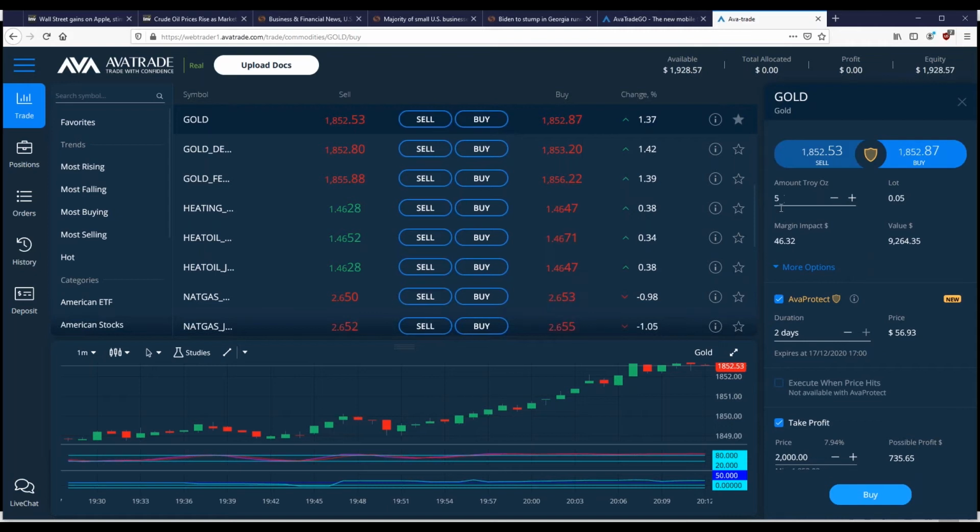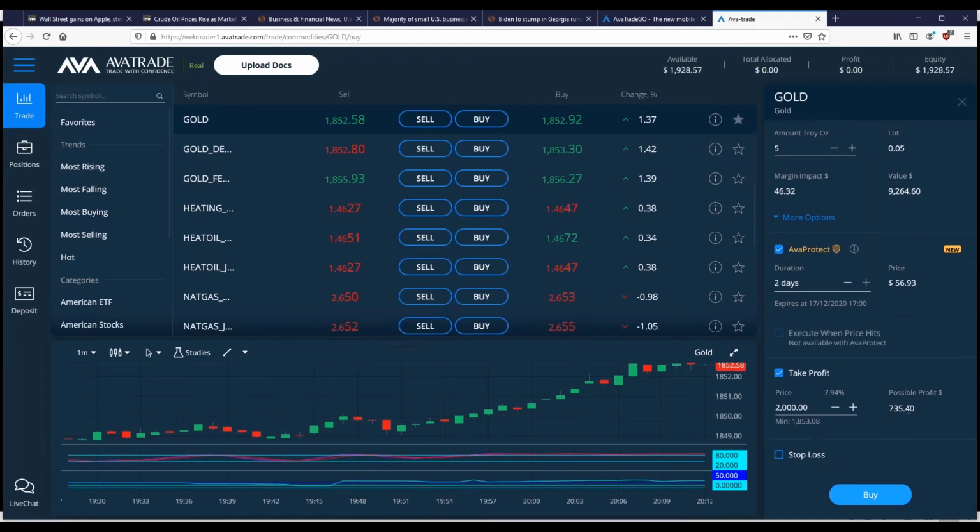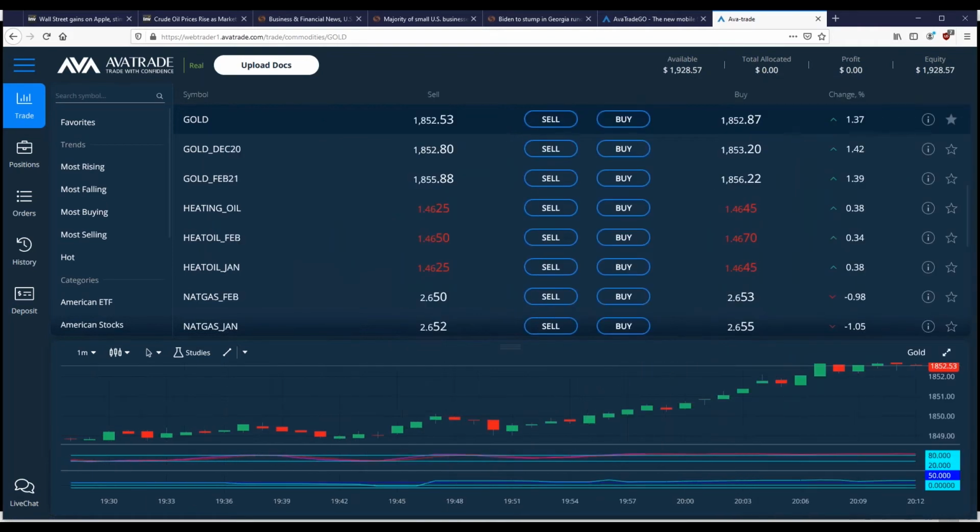If it goes the right way, maybe up to 2,000 an ounce or something, I'm making a lot more, right? 735 possible profit, 2 days coverage, only 56, and then you could add a stop loss after that, right? If it was still running. So just an example, very easy to use to set trades in motion with this platform.